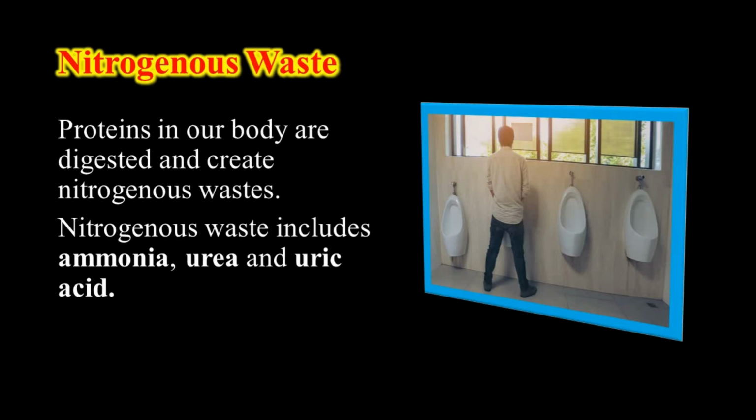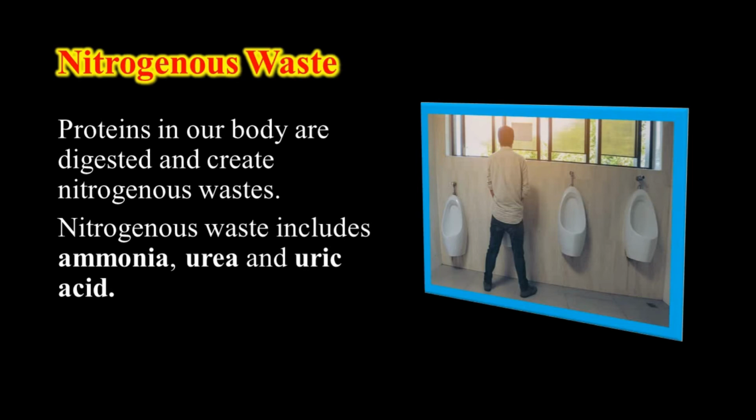Students, as we are discussing excretion, in the process of excretion, we remove waste material that is produced in our body. So, actually, what is the waste? Which type of waste are we discussing? This is the nitrogenous waste. The proteins that we eat are digested and create nitrogenous waste.